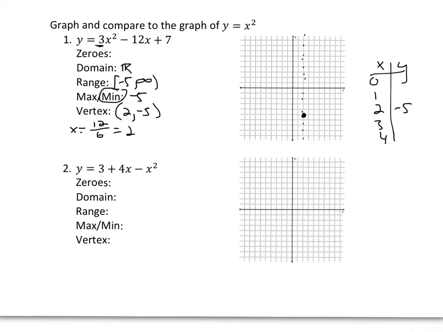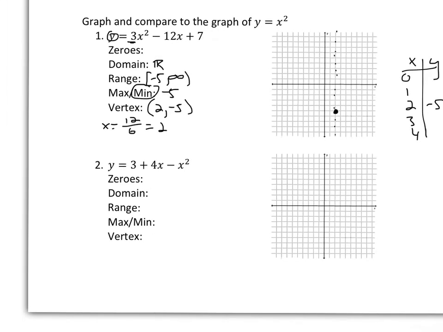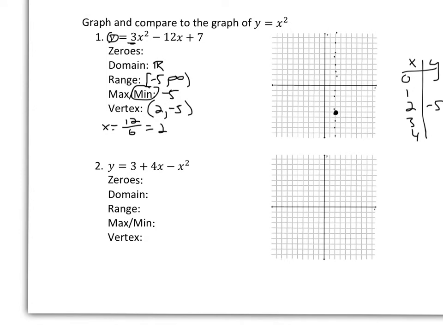And the zeros, you're just going to set y equal to 0 in order to do that. And if you can factor it, great. If you can't, then you need to complete the square, or you need to use the quadratic formula or whatever. So for this one, it's not going to factor, unfortunately, so we need to use the quadratic formula. So x equals negative b plus or minus square root of b squared minus 4ac, all over 2a.